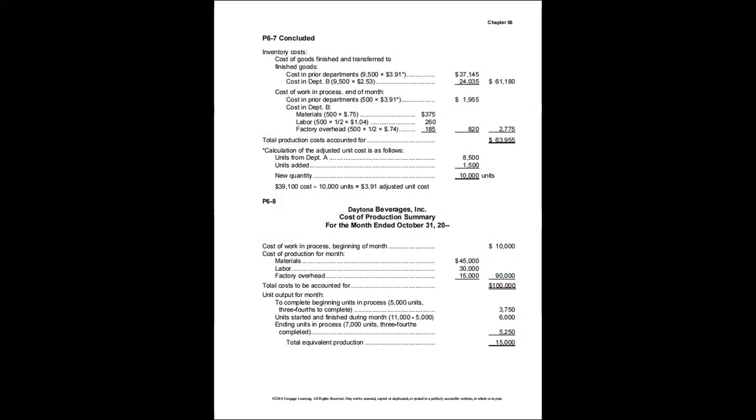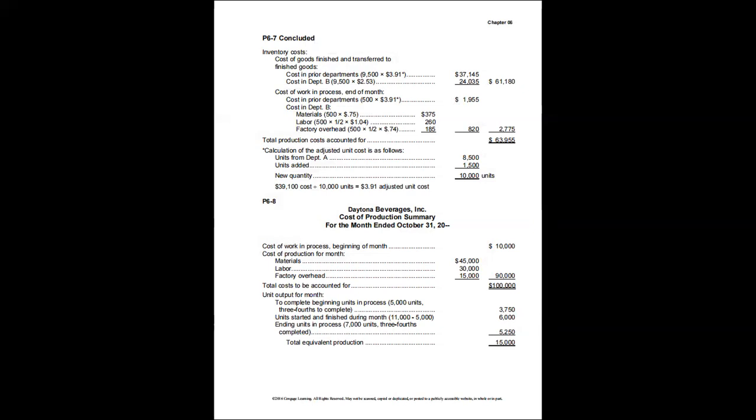Now in 6-A, we have the FIFO cost method. Daytona Beverages Incorporated uses the FIFO cost method and adds all materials, labor, and factory overhead evenly to production. A record of the factory operations for October follows.